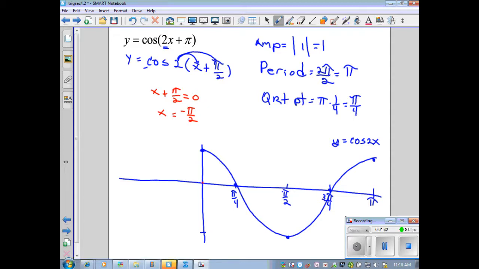So the quarter points are 0, pi fourths, pi over 2, 3 pi over 4, and pi. And each one of those will subtract pi over 2, and that will give us the new points for the phase shift. So let's start. 0 minus pi over 2 will give me a negative pi over 2. Then pi fourths minus pi over 2, or 2 pi fourths, will give me a negative pi fourths.